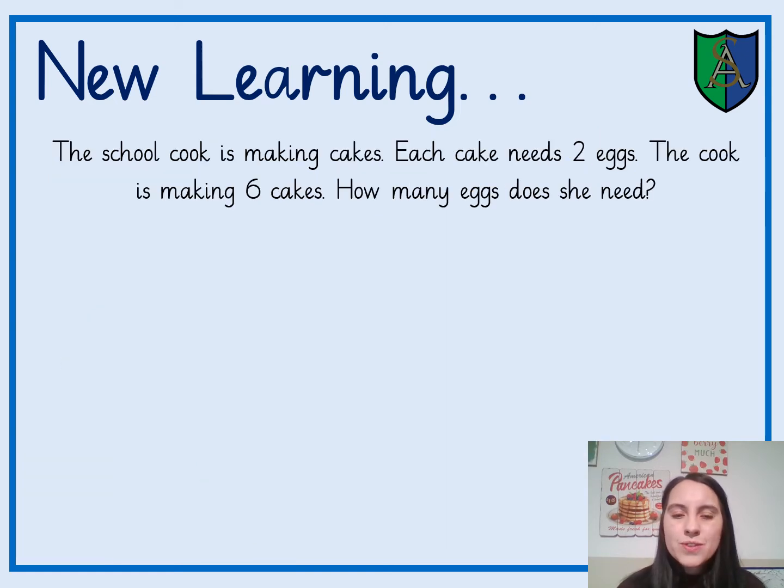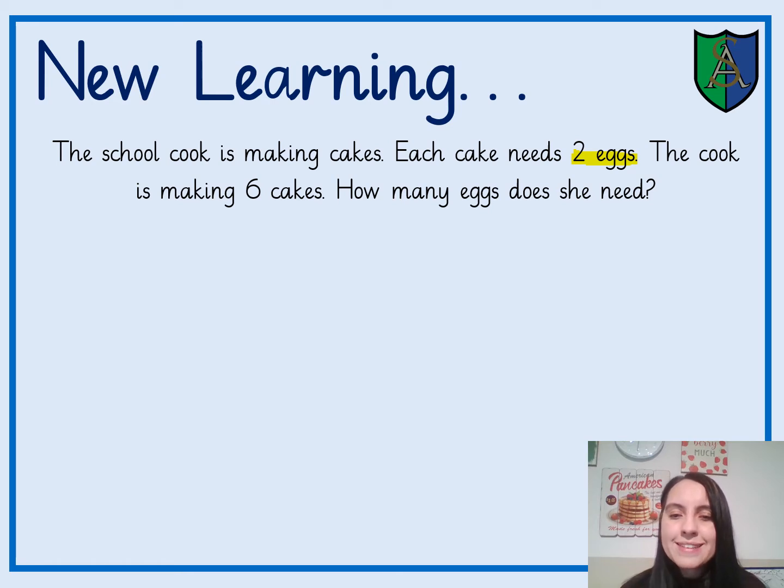Okay, the school cook is now making cakes. She's very busy today, and each cake needs 2 eggs. Oh, that's another piece of key information there. Let's go ahead and highlight that. So each cake needs 2 eggs. So for every 1 cake, 2 eggs will be needed.